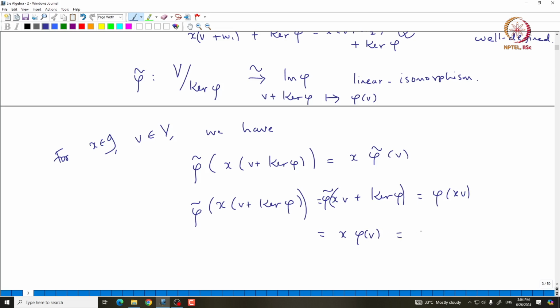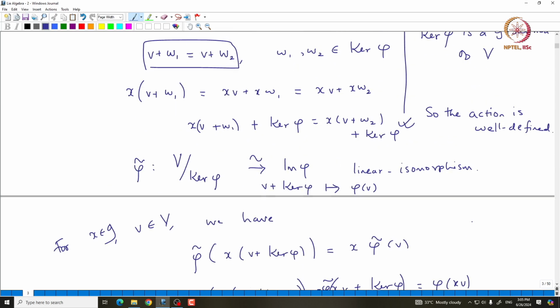That implies that this is the same as x of phi tilde of v. So, this simple routine check says that phi tilde is indeed a G module homomorphism. So, the map that we have defined here is indeed a G module isomorphism.